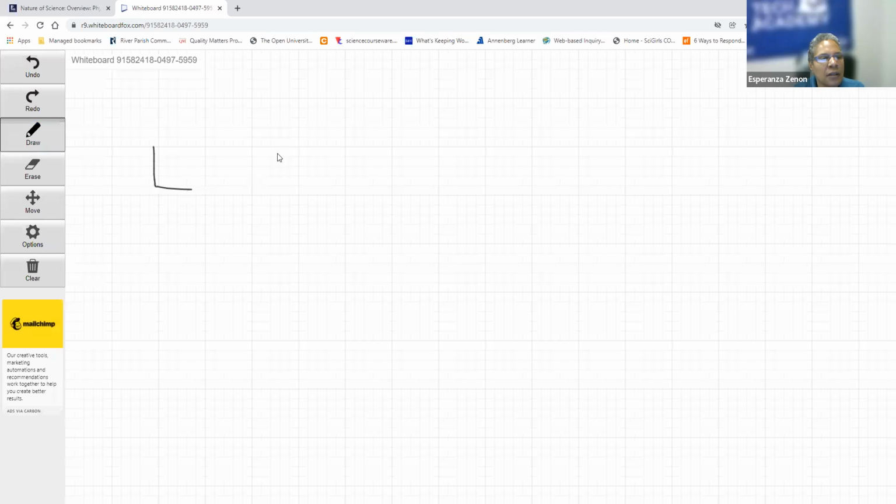Okay, so I'm just going to draw real quick. So length, mass, time, and so we don't get it confused, temperature. For length, we use the meter. For mass, we use the kilogram. For time, we use the second.